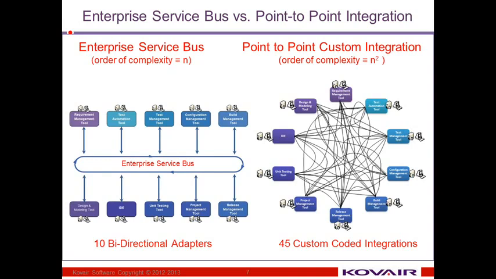Everything else remains the same. And if you have to introduce a new tool in this system, just remove one of the adapter boxes and put in the new adapter for this new tool. The business rules, you don't need to change them. They are all configured in the enterprise service bus.